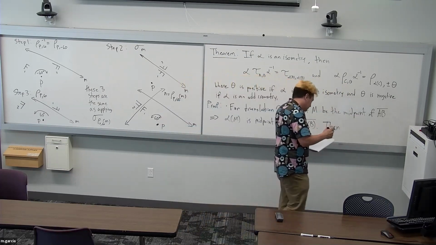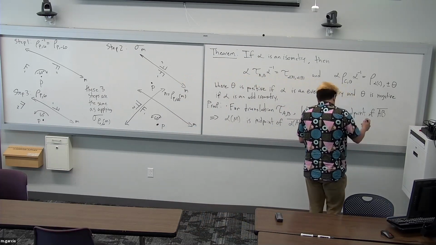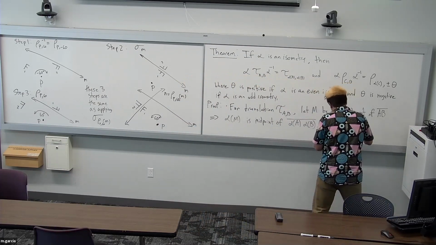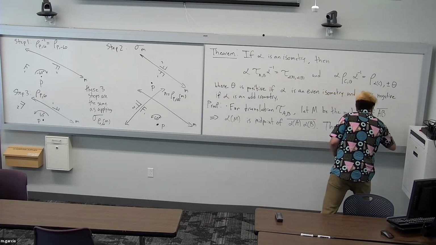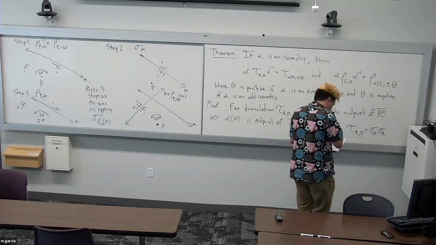Once we know the midpoint, we can write it very simply as, for example, tau sub A comma B is equal to sigma M, sigma A, right?